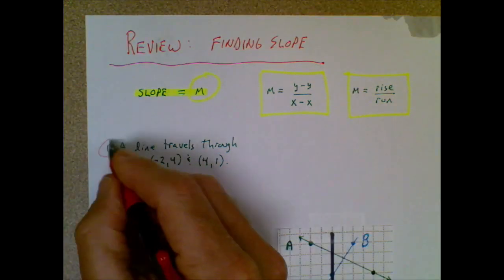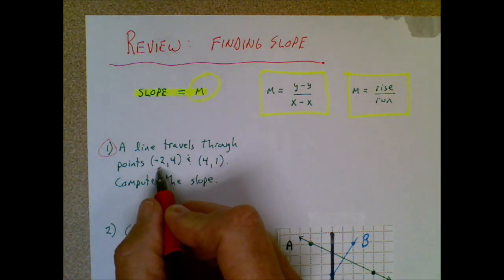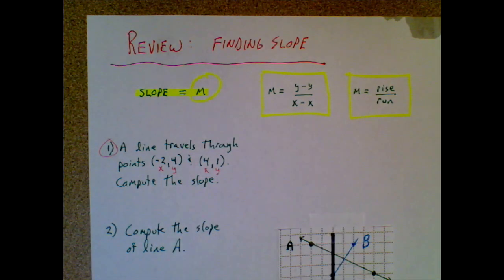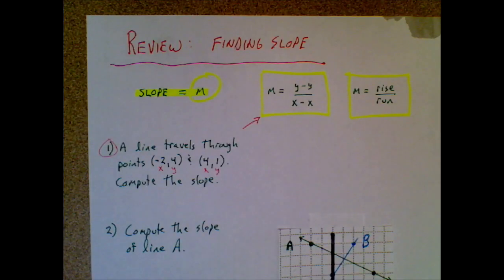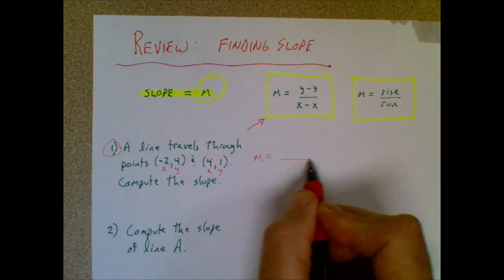In this first example, we have points, and by the way, remember that every ordered pair is really an x and a y. Since it's not on a graph, but rather we have points, this formula is probably going to be the easiest way to do it, and I'm just going to follow the formula.